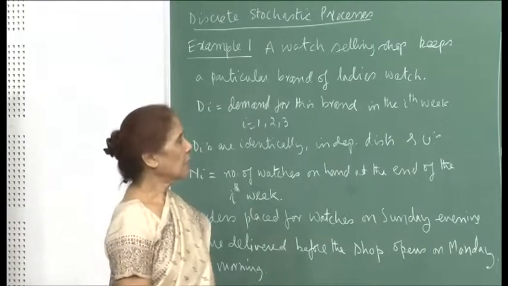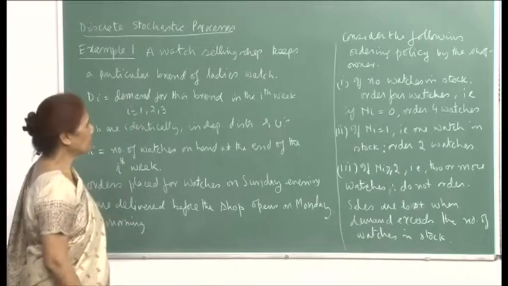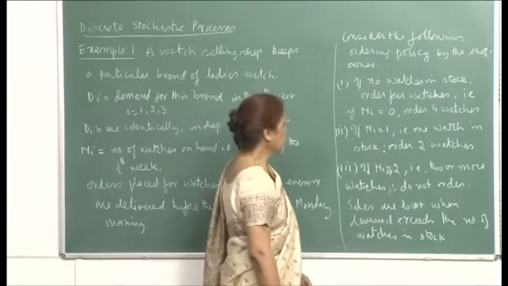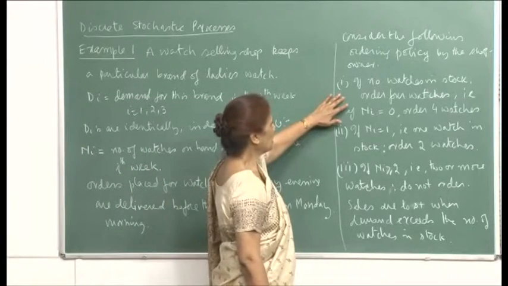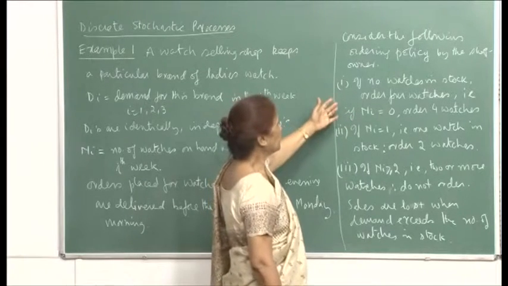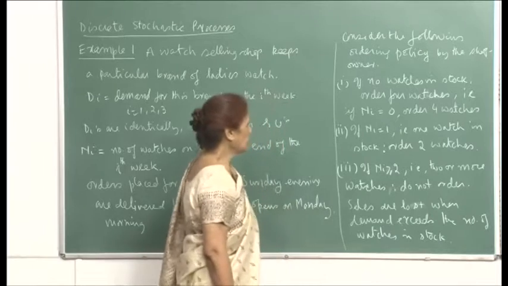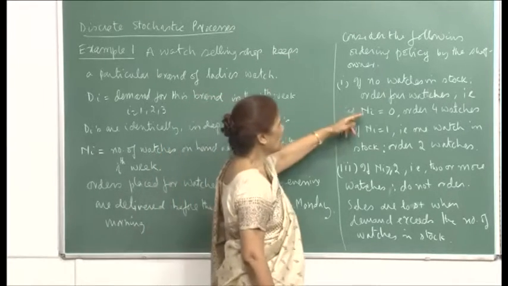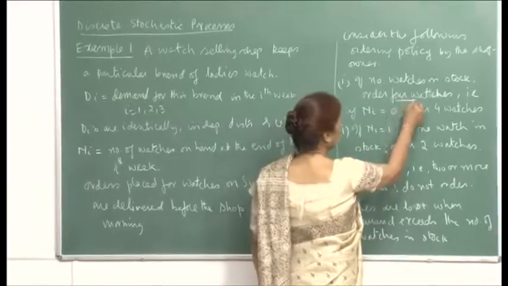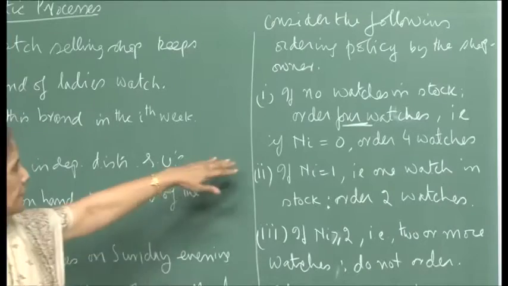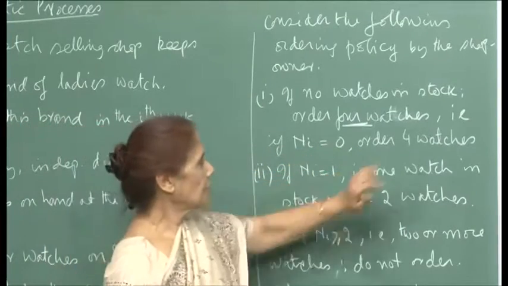Whatever the ordering policy, okay. Now, suppose the ordering policy followed by the shop owner is as follows: if no watches in stock, order 4 watches. That means by Saturday evening, if he realizes that he does not have any watch of this particular brand, then he will order 4 watches, and they will be delivered by Monday morning. So, if Ni is 0, order 4 watches.